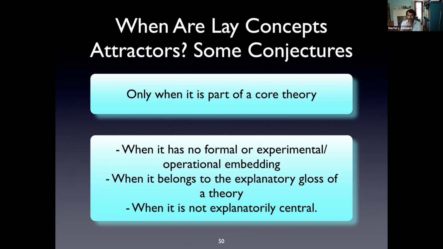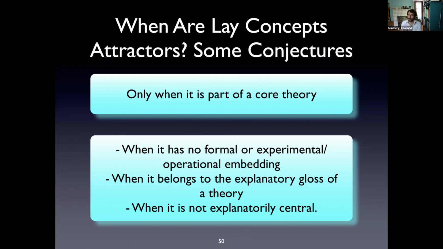What do I mean by that? I mean that many scientific concepts, even when they have their roots in a manifest concept, have a formal embedding. They are defined formally. That's the case, for example, of the concept of force in Newtonian mechanics. It has a formal definition.